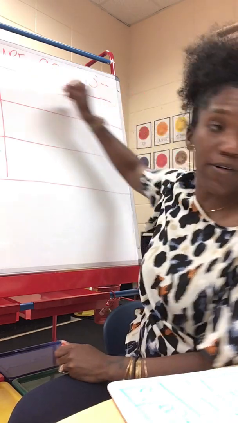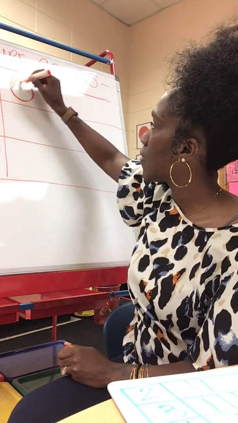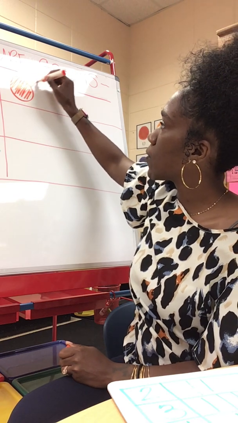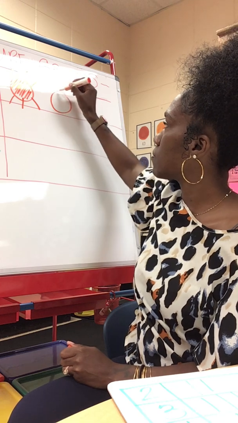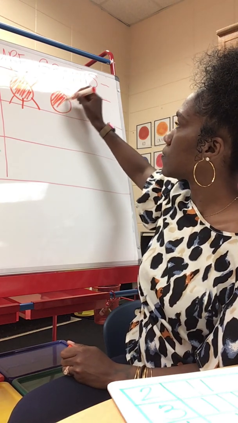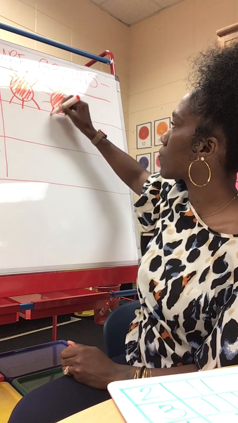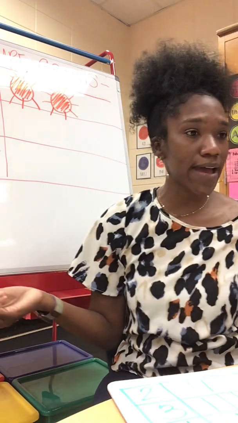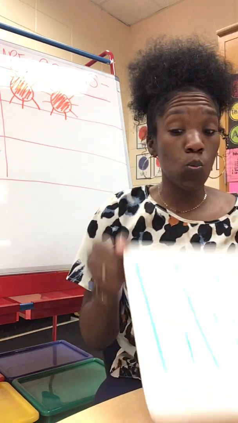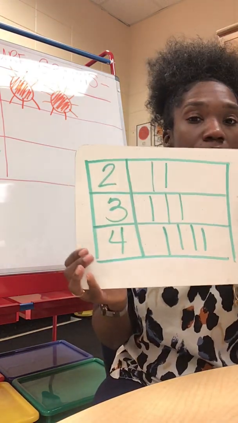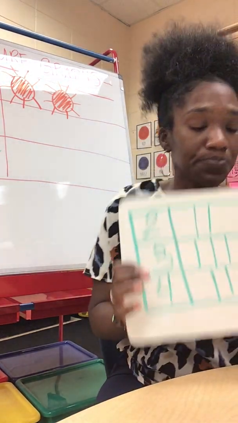So here in my graph where I'm representing my data, I'm going to go ahead and make 2 suns there. Just like that. So I'm taking information from one chart, which is my tally chart, and putting it into a second chart, which is my picture graph chart.